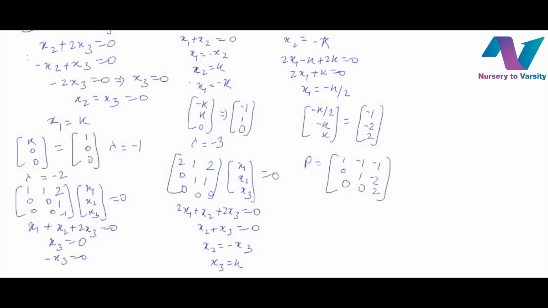I am again writing the value of P: P is equal to 1, 0, 0, minus 1, 1, 0, minus 1, minus 2, 2. ये हमारा P है. And we very well know that the matrix of eigenvectors, that is P, is the matrix which will change A to a diagonal matrix after applying this transformation. P inverse AP is equal to D.